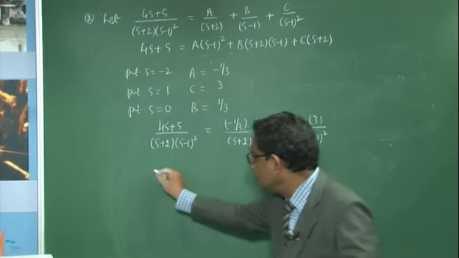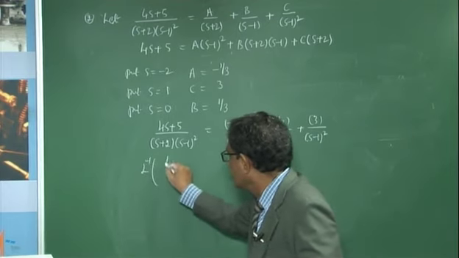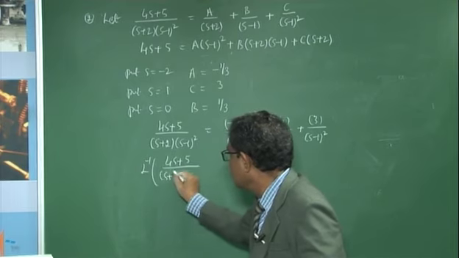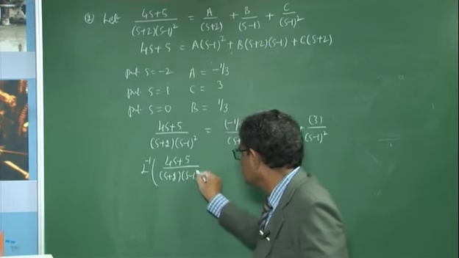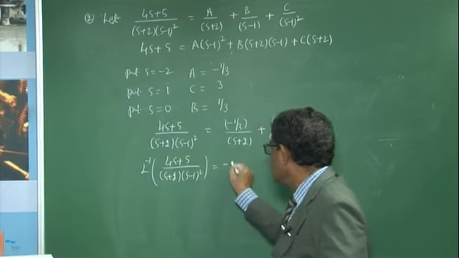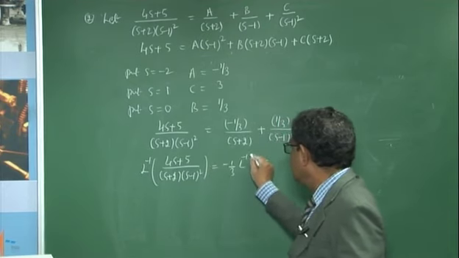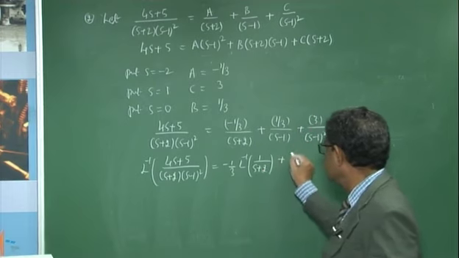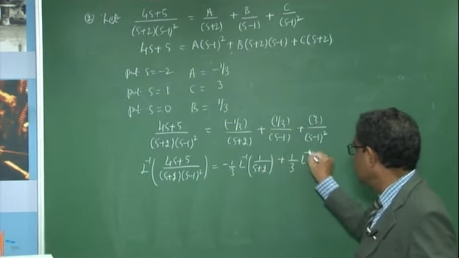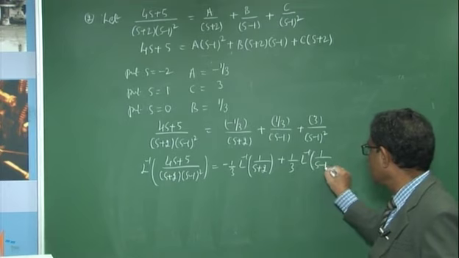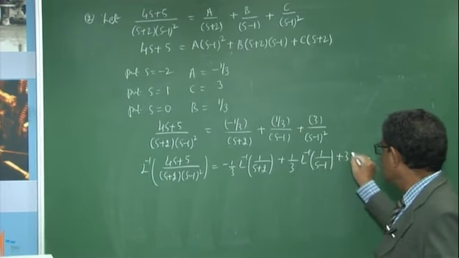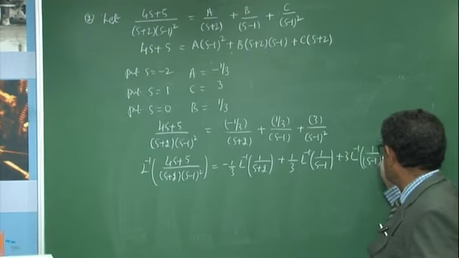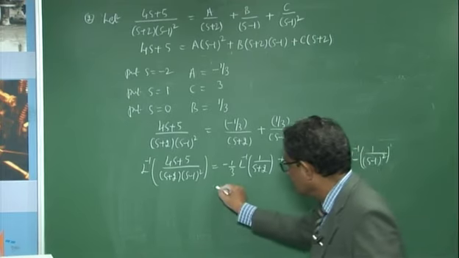Now just take the inverse Laplace transform on both sides. Minus 1/3 is a constant, times L inverse of 1 divided by (s + 2), plus 1/3 L inverse of 1 divided by (s − 1), plus 3, also a constant, times L inverse of 1 divided by (s − 1)².